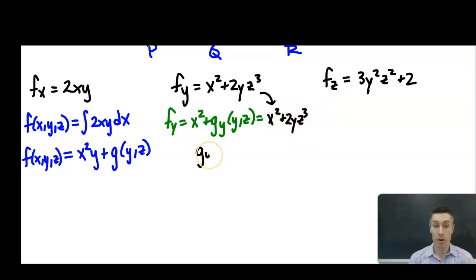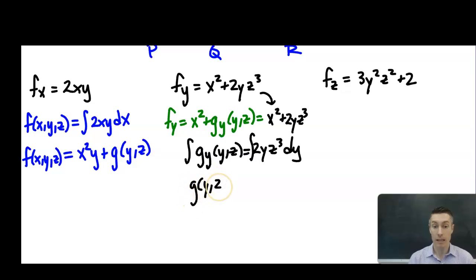So that means the partial of g with respect to y equals 2yz cubed. We can integrate both sides with respect to y, and we would get g of y, z equals y squared z cubed plus potentially a function only in terms of z, whose partial with respect to y would have been 0.